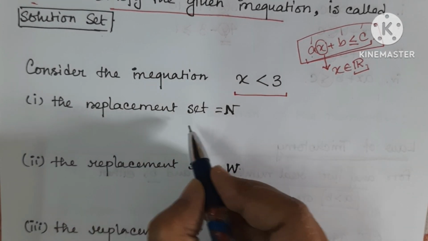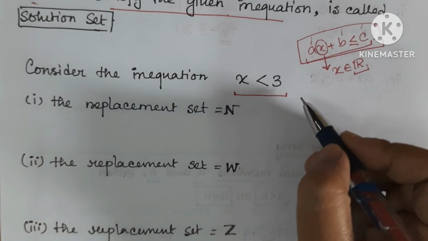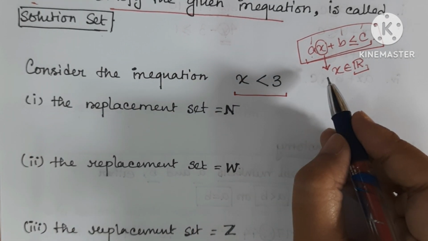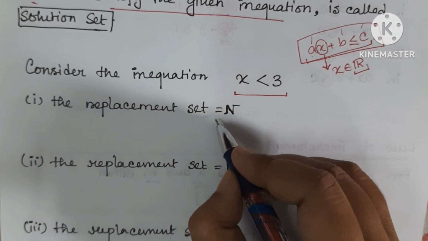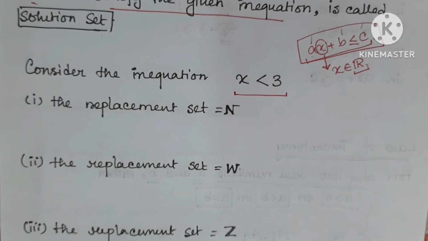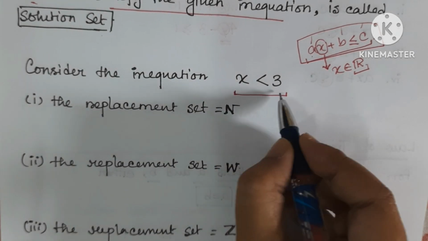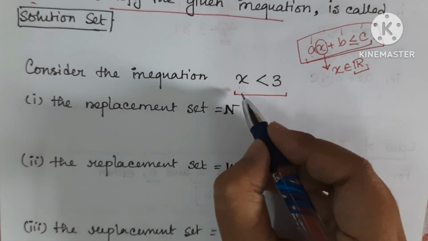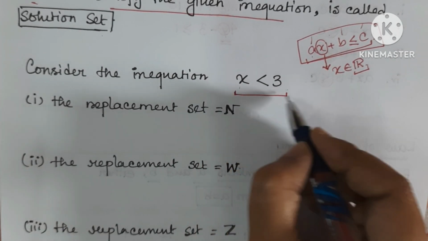Suppose in case of that given inequation, the replacement set is N, then what will be the solution set? What will be the solution of this inequation?